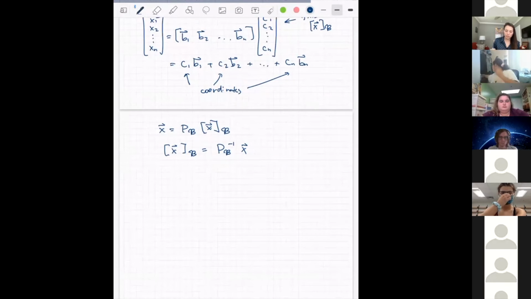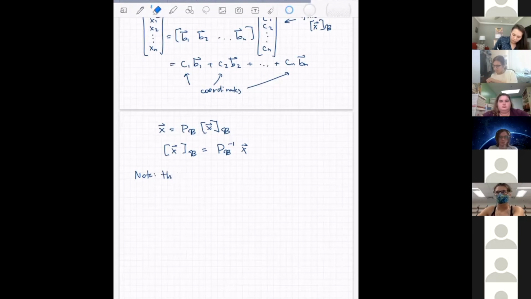Okay. So first of all, note the matrix P sub B is invertible. Why is it invertible?